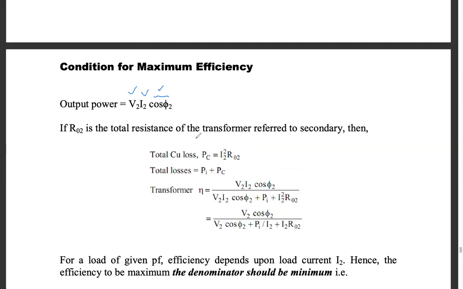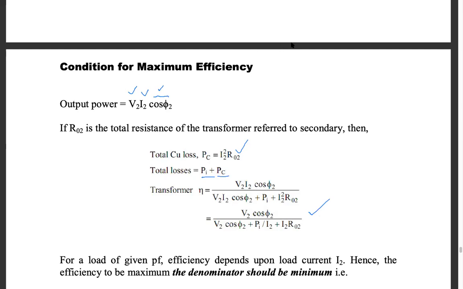The copper loss can be written as I2 square R02, where R02 is the total resistance referred to the secondary side. So total losses are equal to iron losses plus copper losses. Here the efficiency of the transformer we can write as V2 I2 cos phi 2 divided by V2 I2 cos phi 2 plus Pi plus I2 square R02.